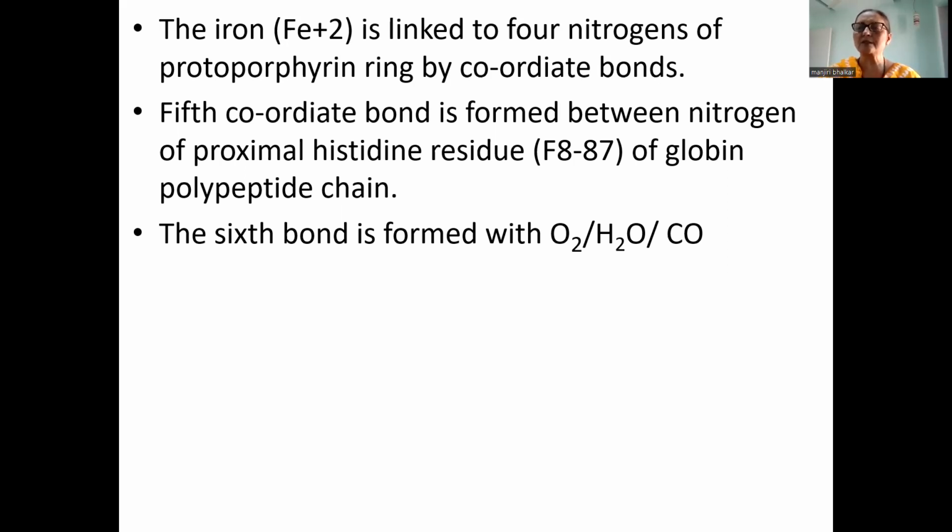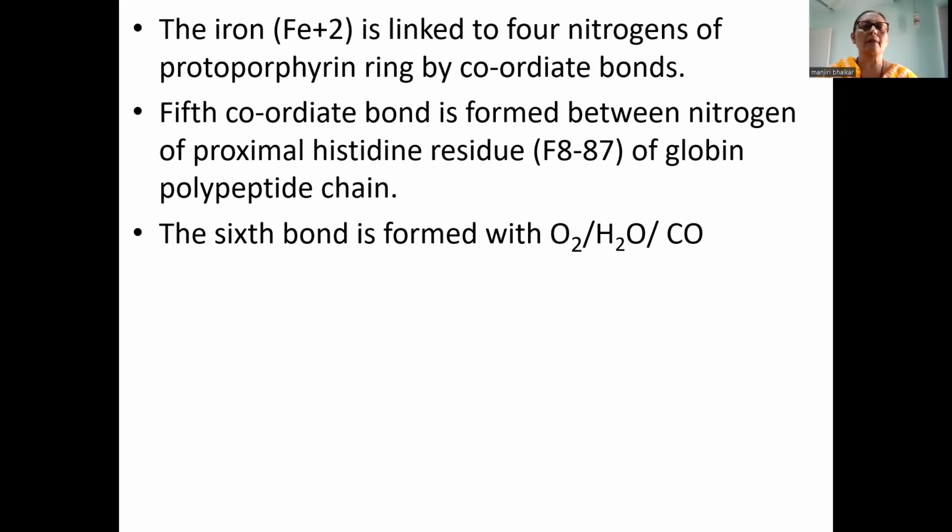So carbon monoxide can just displace the oxygen and form carbon monoxide-linked hemoglobin, which cannot transport oxygen. This is a clinical condition which needs hyperbaric oxygen treatment. We will discuss that later on.